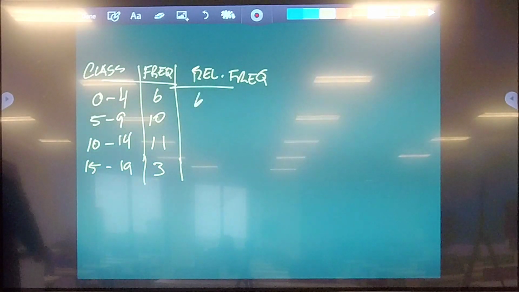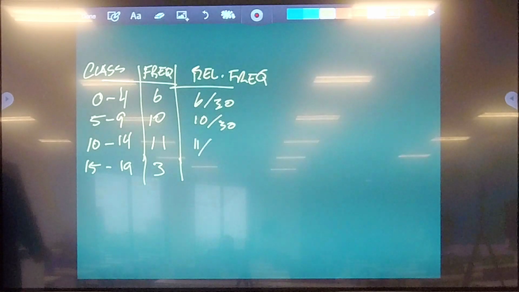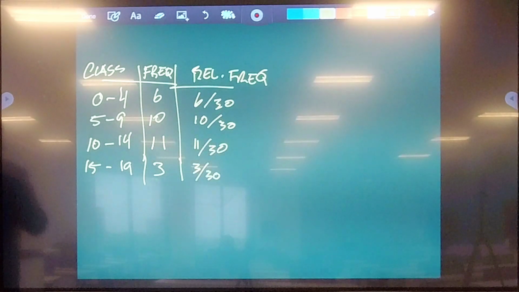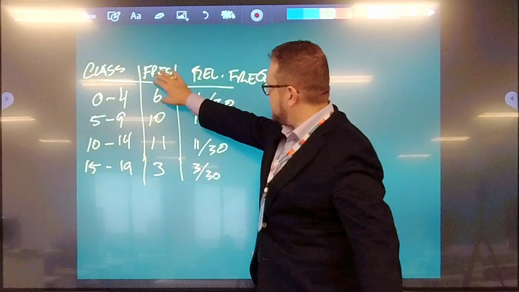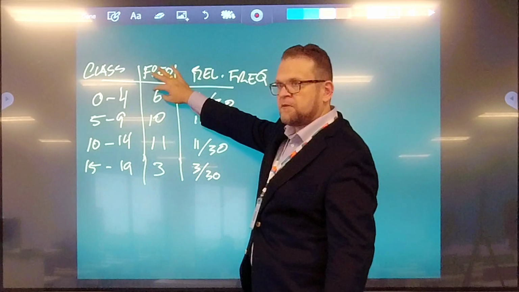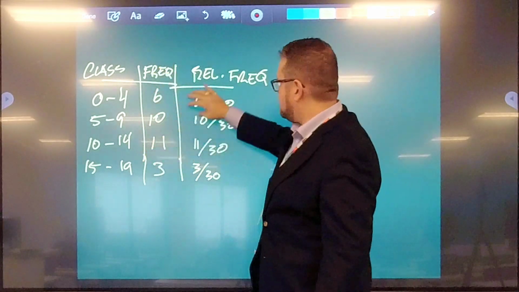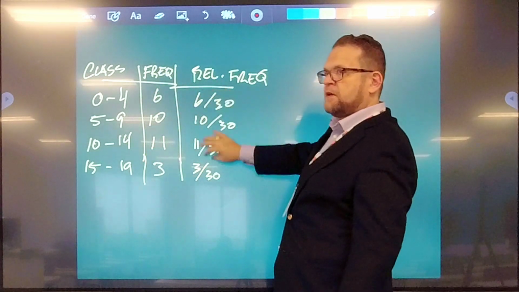So here you have 6 out of 30 and 10 out of 30, 11 out of 30, 3 out of 30. If I make my histogram, instead of using these as my heights, let me use these as my heights.